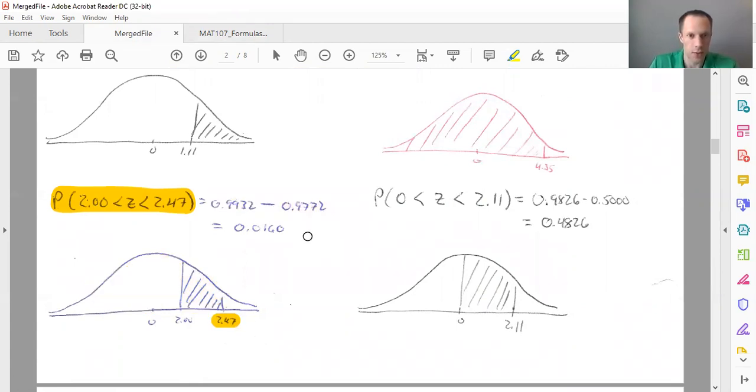So I subtract those two, and I get 0.0160 for the shaded area here. Okay, and that would represent the probability that our random variable z is between 2 and 2.47. So whenever you're looking for the probability that z is in between two values, look up the value that's on the right side first, get that number from the chart, and then subtract from it whatever you get from the chart when you look up the number on the left side of the shaded area.